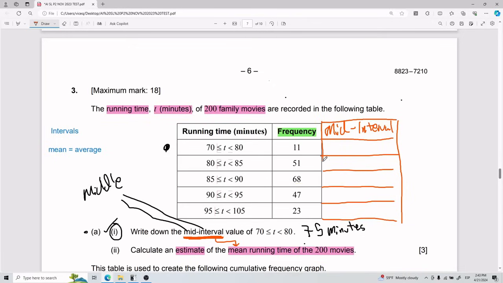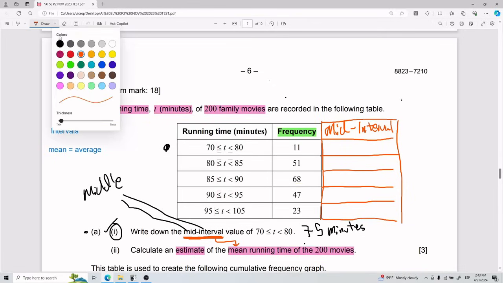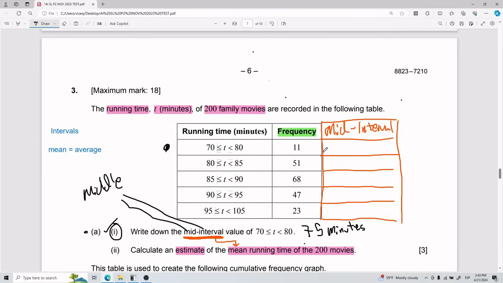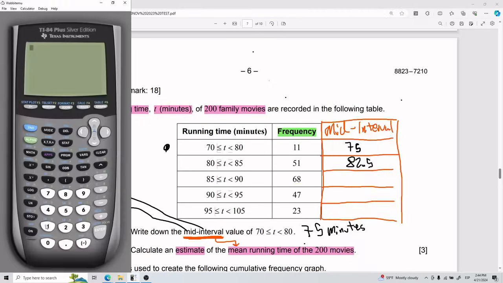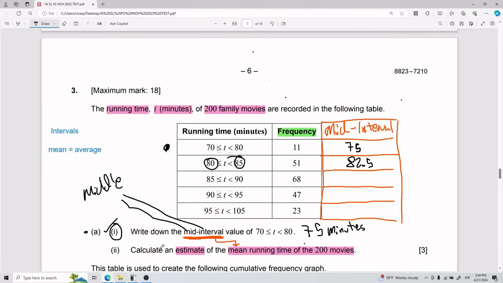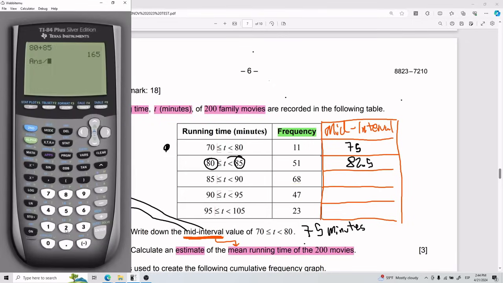So here's my extra column that I just added. And so the mid-interval for this first one is going to be 75. The mid-interval for the second one is going to be 82.5, right? Because the middle of these two is 82.5. Remember, you can do 80 plus 85, so it's this plus this, divided by 2, gives you that 82.5.